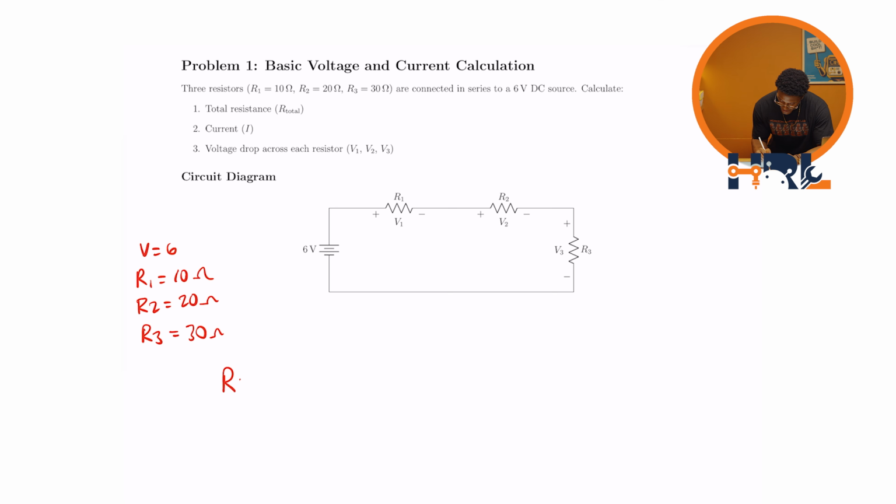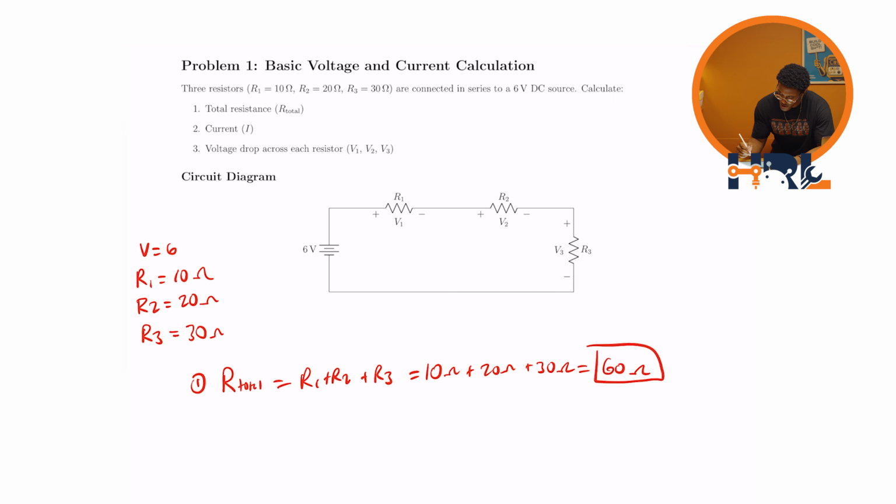So if we want to find our R total, it is equal to R1 plus R2 plus R3. So we have 10 ohms plus 20 ohms plus 30 ohms, and that is equal to 60 ohms. Beautiful. So now we have our R total is equal to 60 ohms.